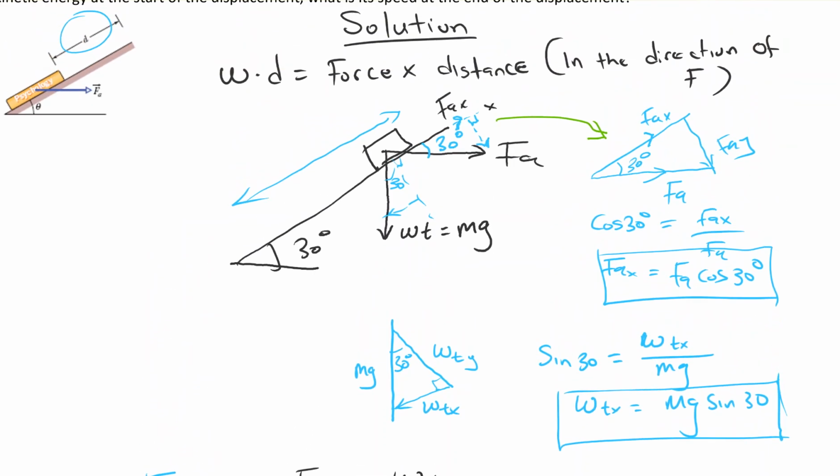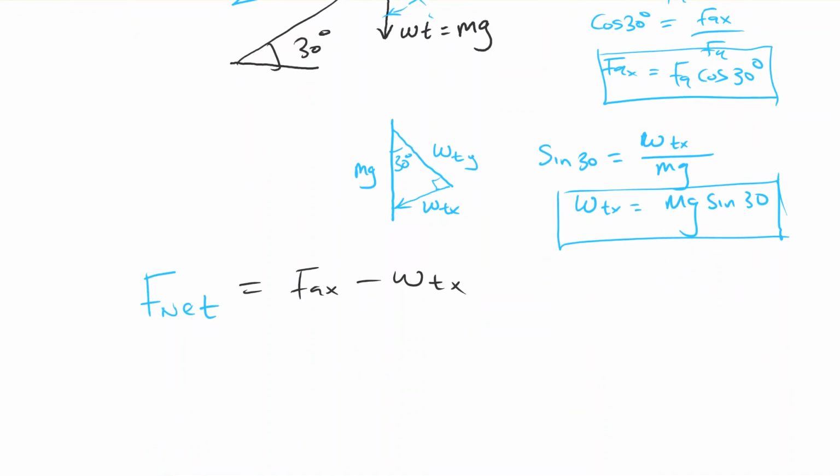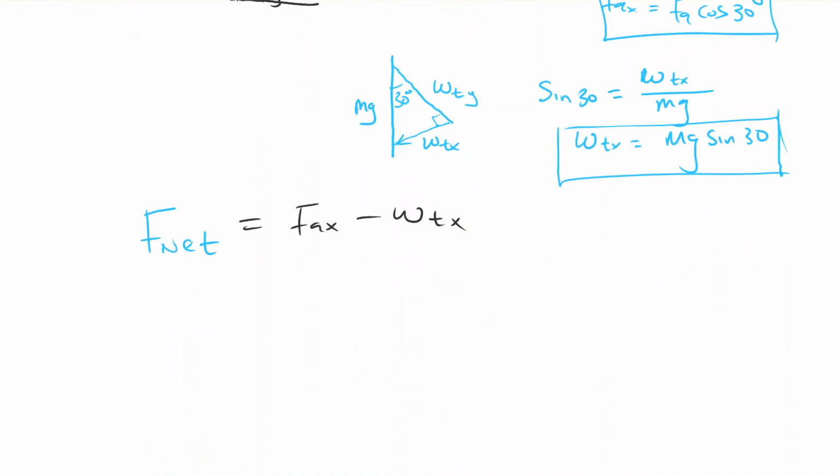Why is that? Because FAX is going upward and WTX is downward, and if FAX is the larger of the two, then the object actually traveled in the upward direction. So what it means is that FAX won the fight for direction.